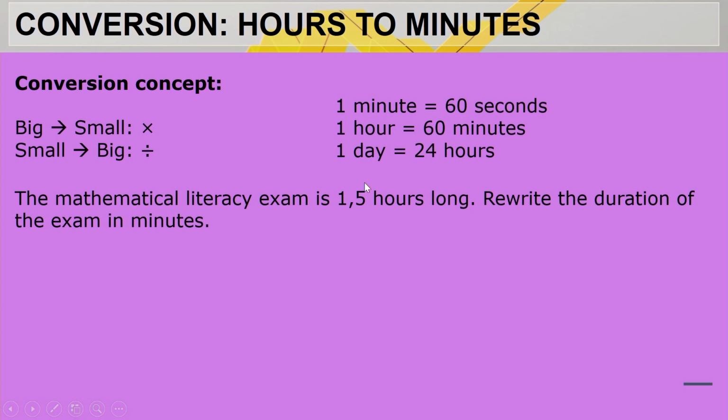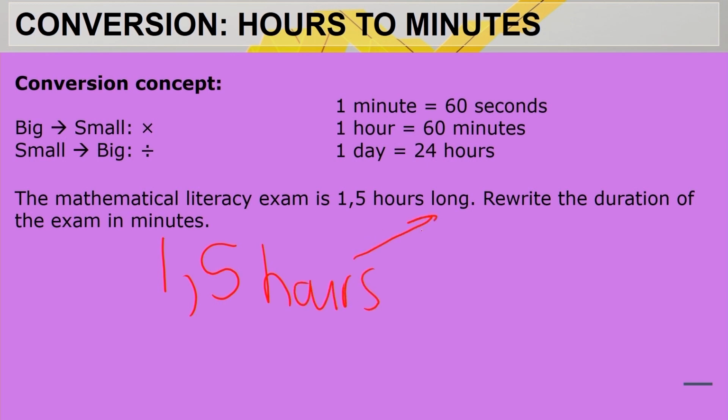The mathematical literacy exam is 1.5 hours long. Rewrite the duration of the exam in minutes. So now we know it is 1.5 hours.